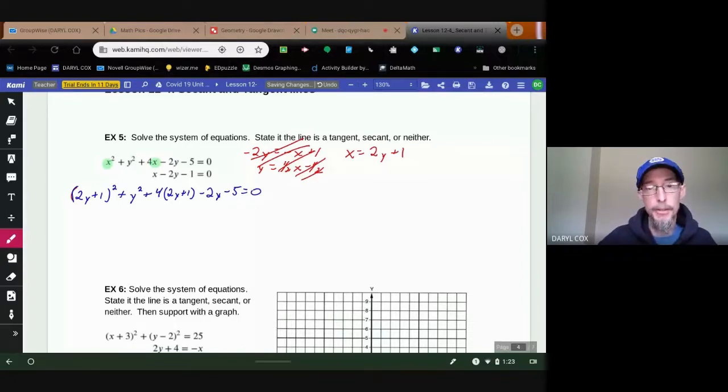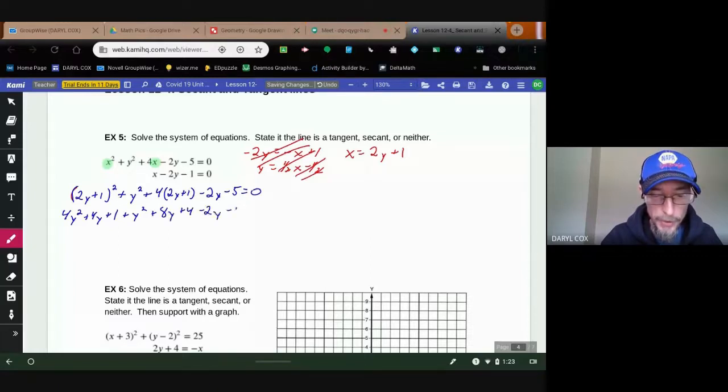That I'm going to need to go ahead and multiply out. So this 2y plus 1, I go over to my scrap paper. I come up with that being 4y squared plus 4y plus 1. If you need to use scrap paper to do that, that's fine. Here, don't forget to distribute your 4. So that's 8y plus 4. Copy everything else. Okay. Combine my like terms.